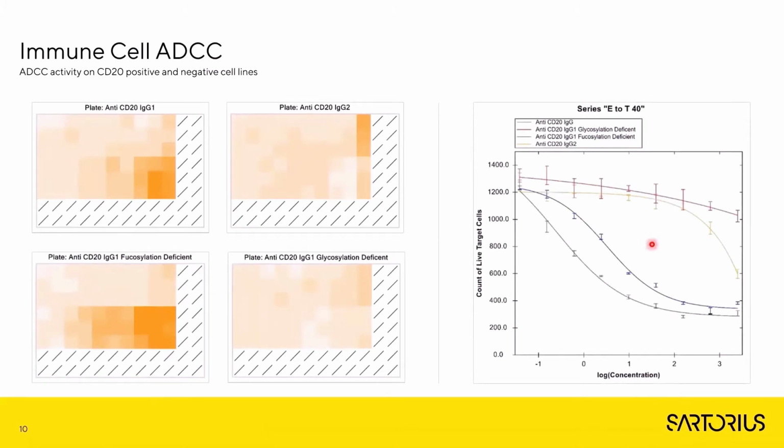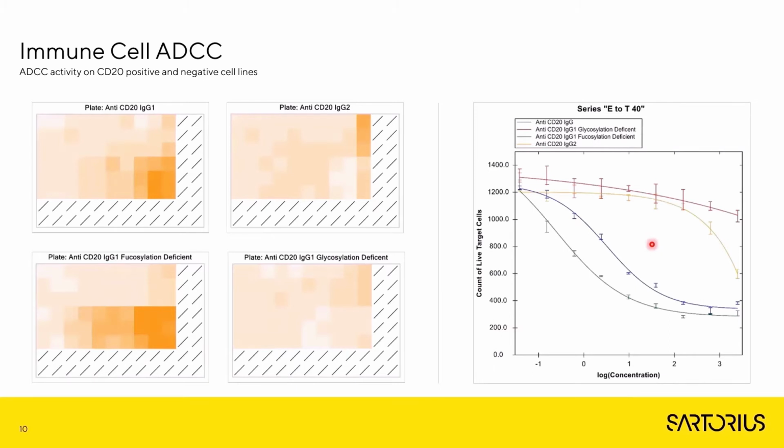I've shown you how to perform that hit finding using the Panorama software. And here we're looking at a heat map that's been generated in Panorama. And this is an ADCC assay again. And we're looking at CD20 positive and negative cell lines. And here we're actually looking at different antibody engineering approaches.